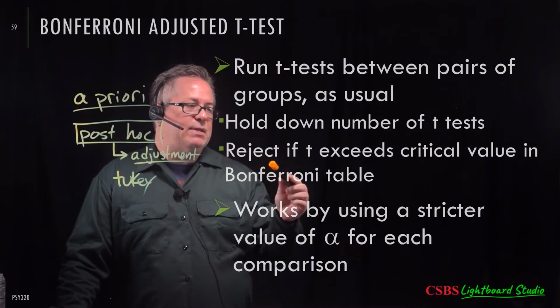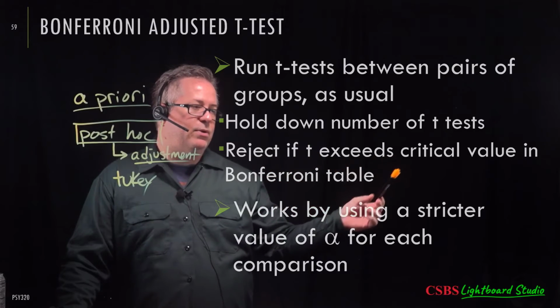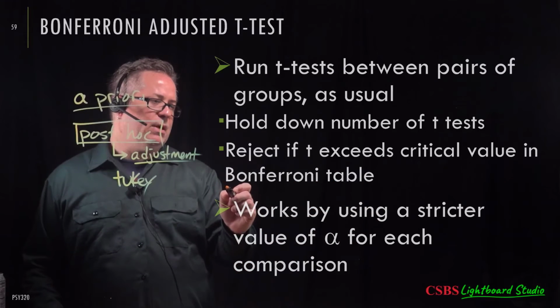And then you're going to reject if your t value exceeds the critical value in a Bonferroni table. Now, there is a Bonferroni table, but I don't think I even provided it to you.